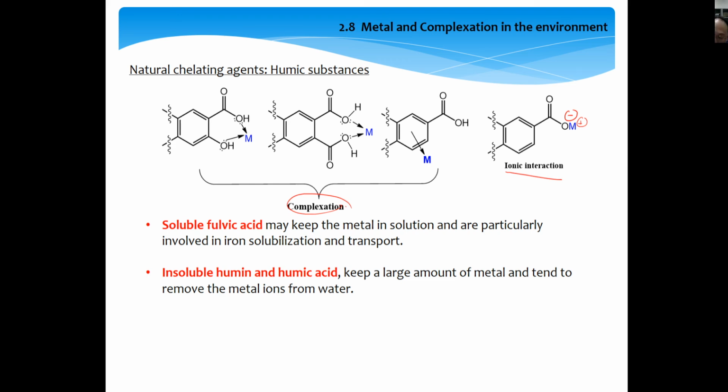So if you have water containing heavy metal, when it is in contact with insoluble humine and humic acid, they will complex with the metal and remove it from water. Now the water will be clean because the metal has been transferred to the insoluble humine and humic acid. So in other words, fulvic acid increases the solubility of metal, and humine and humic acid decrease the concentration of metal in water.